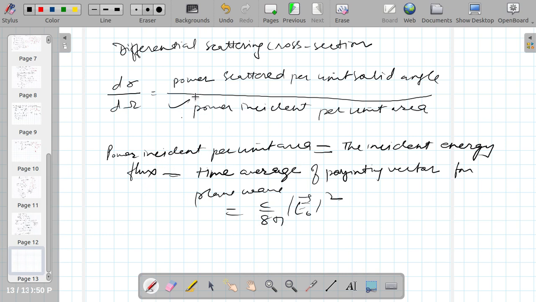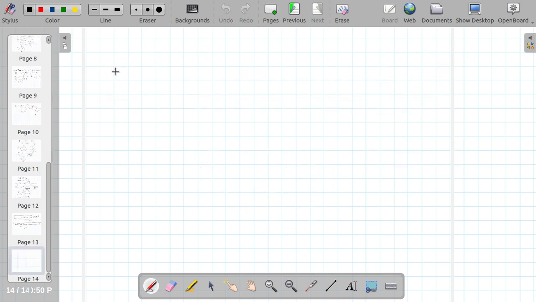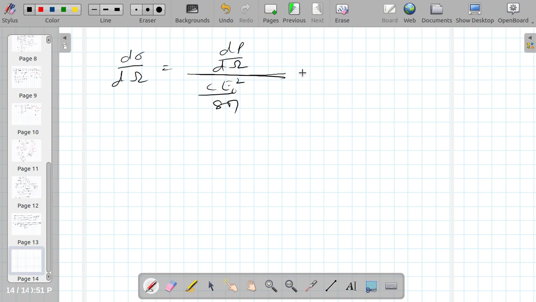Now, this is dp over d omega, its average value, right? So therefore d sigma over d omega is equal to dp over d omega divided by c e naught square over 8 pi. Let me substitute their values.